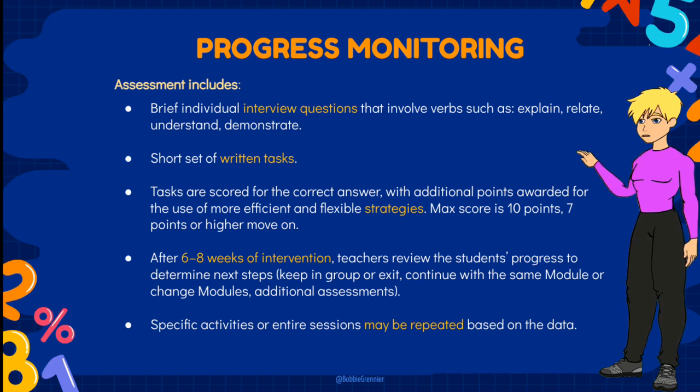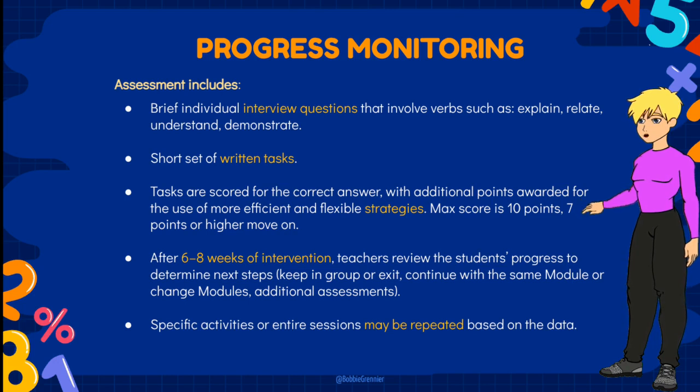So let's talk a little bit about progress monitoring. Assessment includes brief individual interview questions that involve verbs such as explain, relate, understand, or demonstrate. There will be short sets of written tasks, and tasks are scored for the correct answer, with additional points awarded for the use of more efficient and flexible strategies.